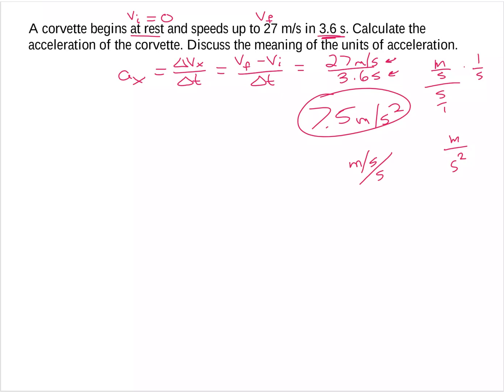Because if I have meters per second squared, that's the official unit there, but it's confusing, like, why is that? But if I write it as meters per second per second, now I can explain what that means. Remember that acceleration is a change in velocity, okay, per unit of time. So here is my change in velocity, and here is my per unit of time, right? So this means for every second that goes by, I'm changing by this many meters per second, okay?